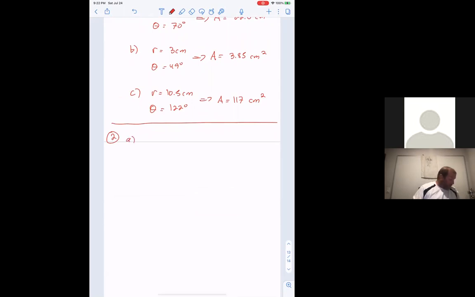Question 2. Part A. A sector with central angle 140 degrees... Nope. Central angle 140 degrees and radius 9 centimeters is cut from a wooden circle. Find the area of the sector.